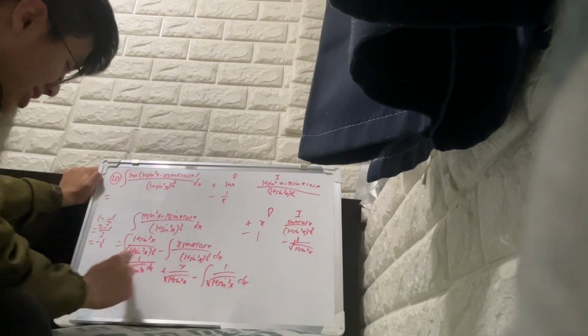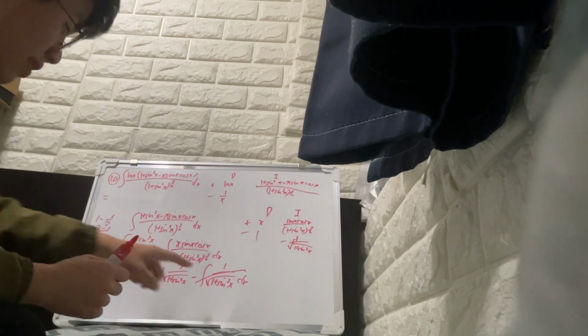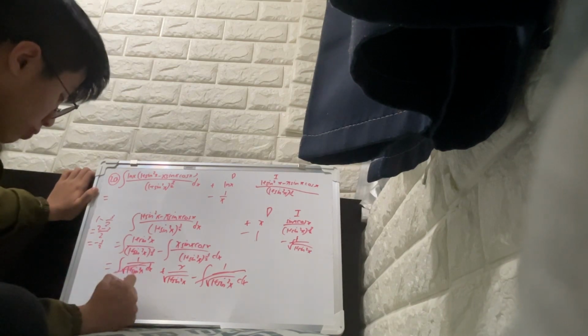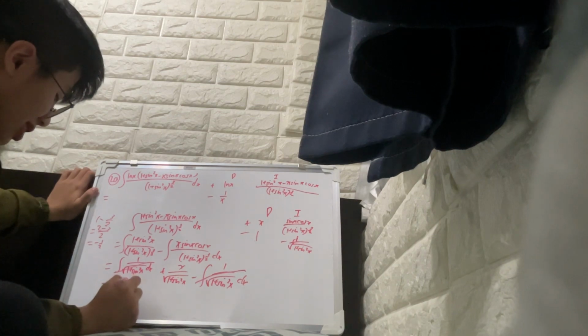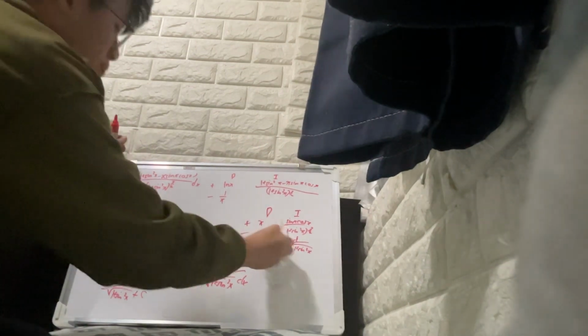And of course, you see, this integral and this integral cancel each other out. One is positive and one is negative. So this integral is just x over square root of 1 plus sin squared x plus c. Yes, but we are in the DI method, so we don't need to put a plus c here.